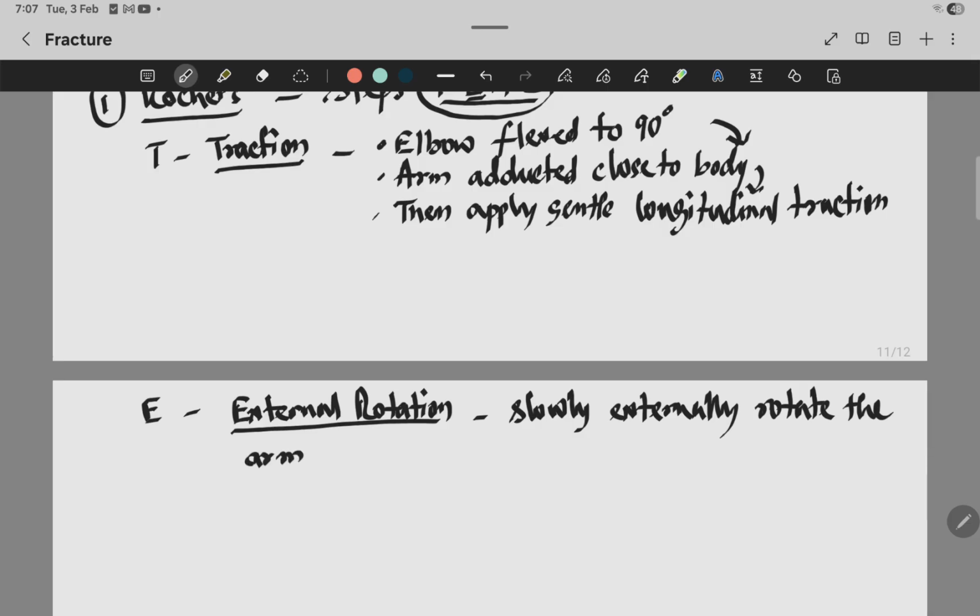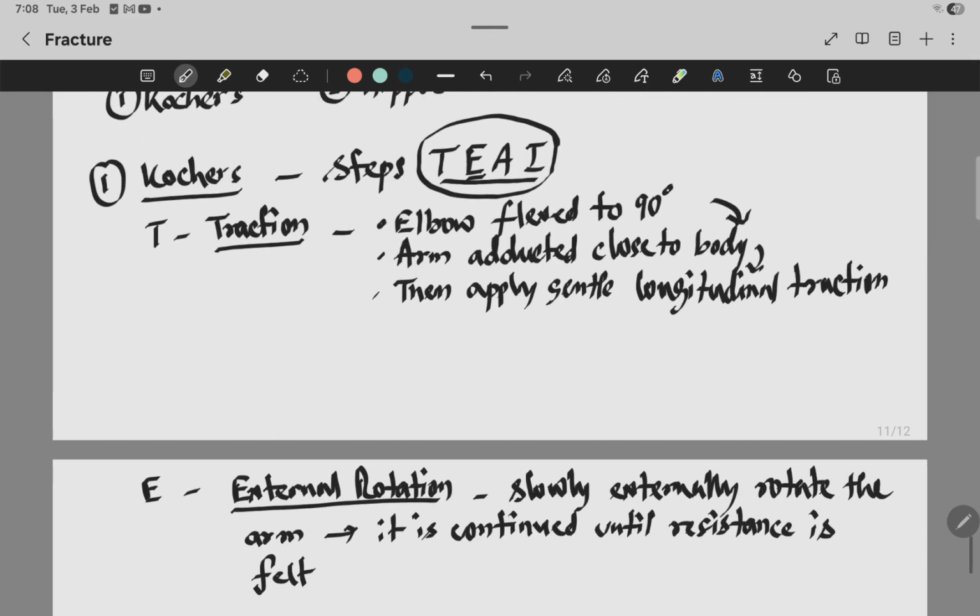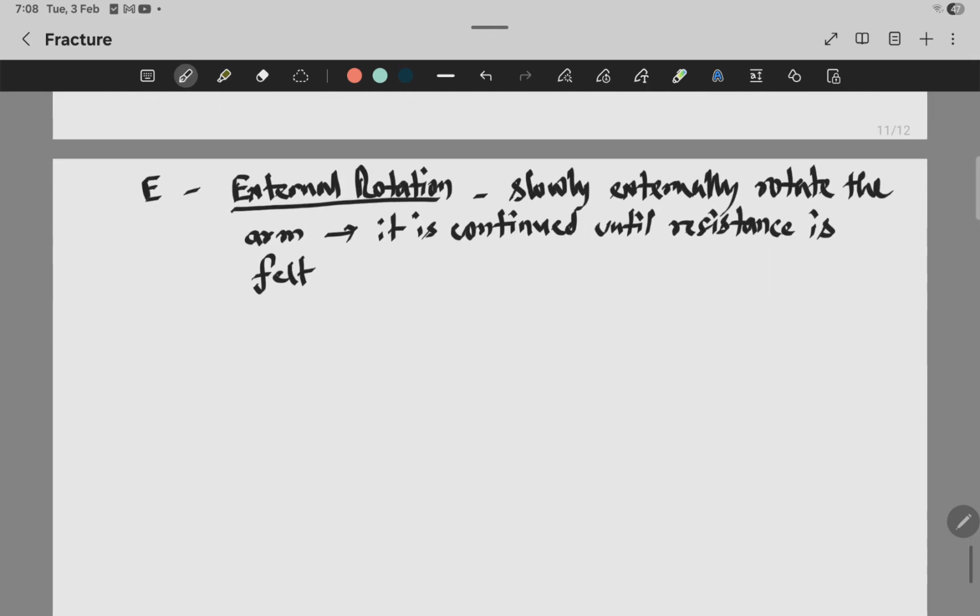It is continued until resistance is felt. Next, A for adduction.